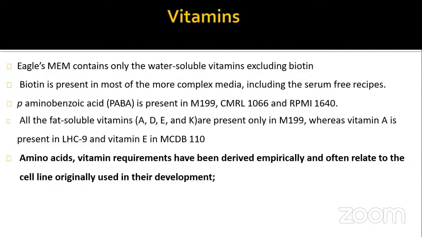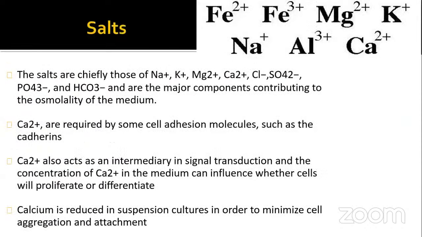The amino acid and vitamin requirements are derived empirically and often related to the cell lines originally used in their development. Then salts. Salts are very important for maintaining the membrane potential and many more processes: sodium, potassium, magnesium, calcium, chlorine, sulfate, phosphate, bicarbonates.